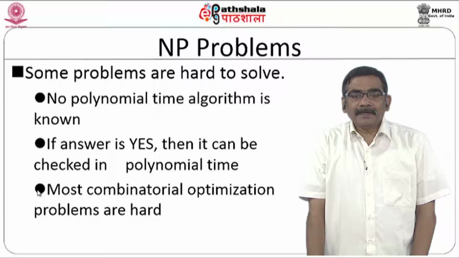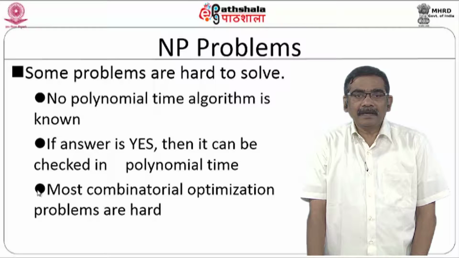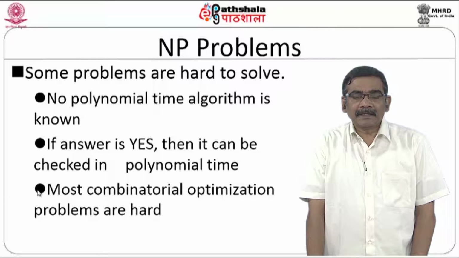So, we can say that NP problems are very hard problems to solve. By hard, it is meant that computers lack the resources to solve these problems. So, no polynomial algorithm is known for these sorts of problems, and if the answer is yes, then verification is possible in polynomial time.